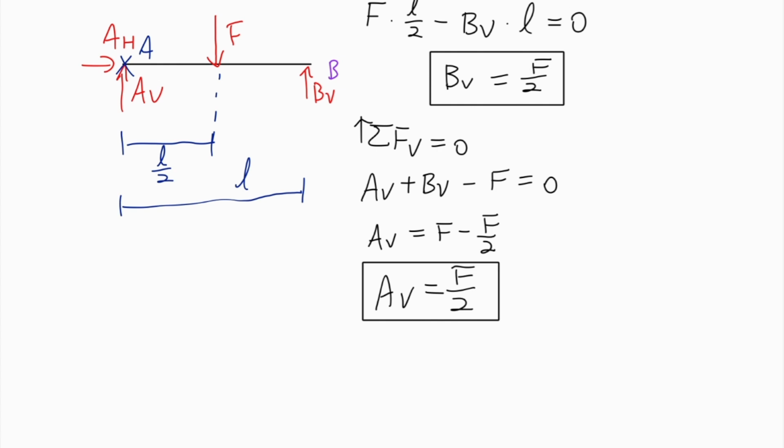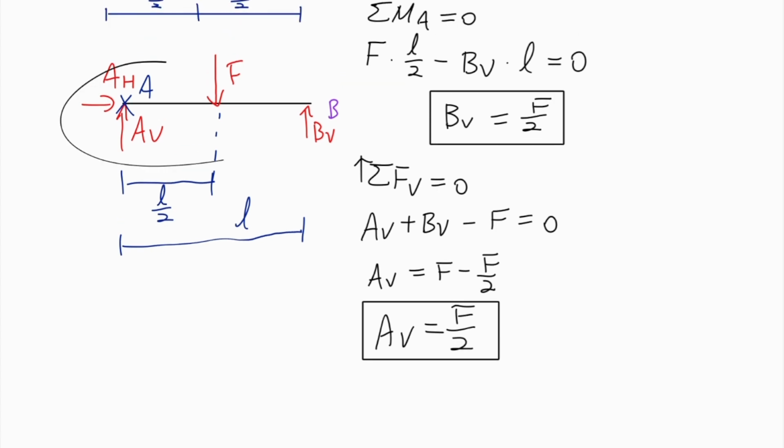That's why if you ever see questions like this where you have more than one unknown, you can take a point where the force is actually applied, or something perfectly vertical at that point for this vertical force, in order to take a sum of moments there such that one of the forces disappears. It's also really important to know that the sum of moments at any single point on a system always has to be 0. It's not just at points A and B that it's 0. I can take it literally anywhere. Every single point always has to have a sum of moments as 0, so you can take it anywhere just as long as it makes sense.